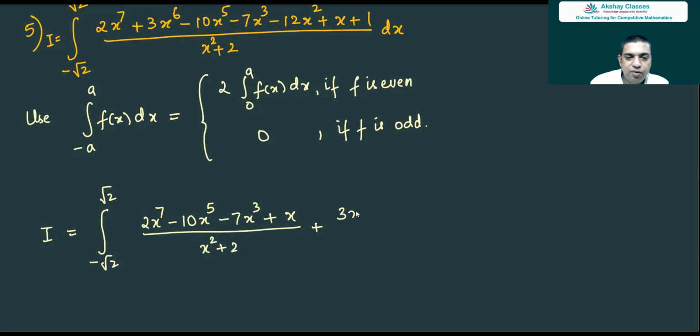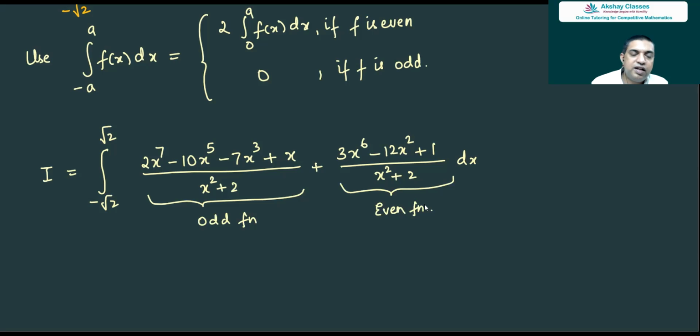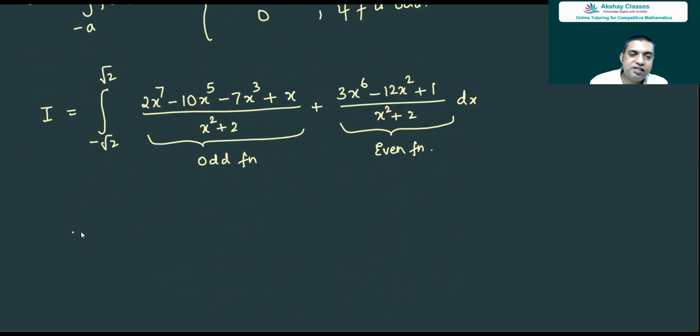Plus I will take the even powers: 3x power 6 minus 12x square plus 1, divided by x square plus 2. So this is an odd function. This is an even function. So that apparently huge looking integral becomes very simple. This is an odd function because the denominator is even, but the numerator has all odd powers.